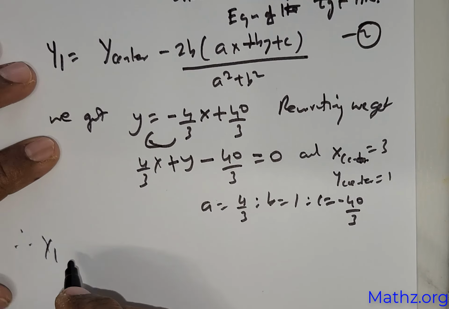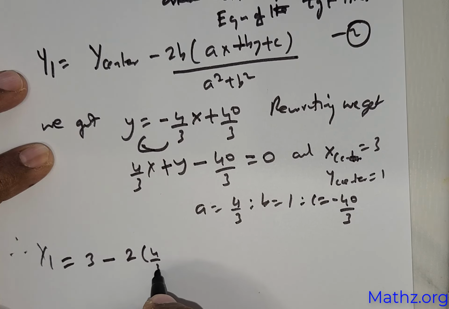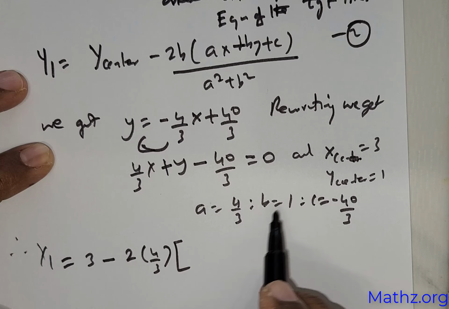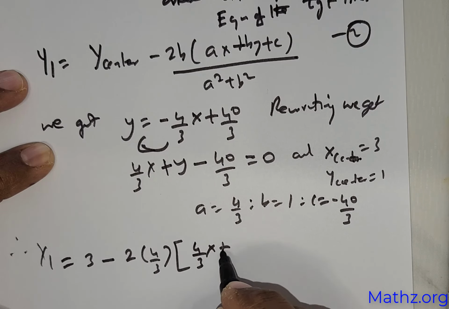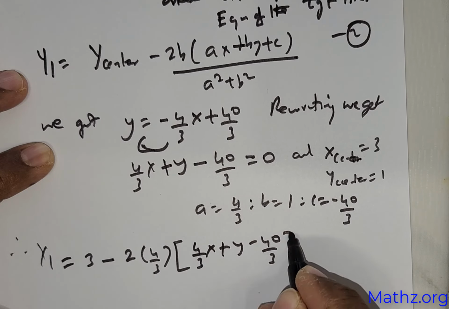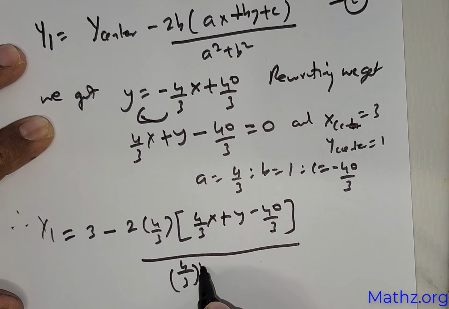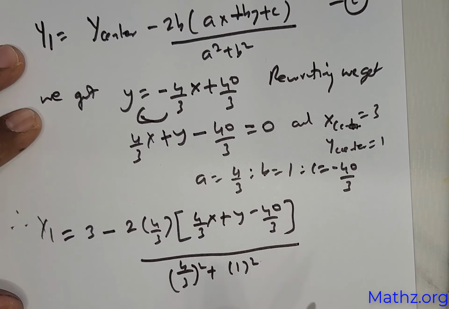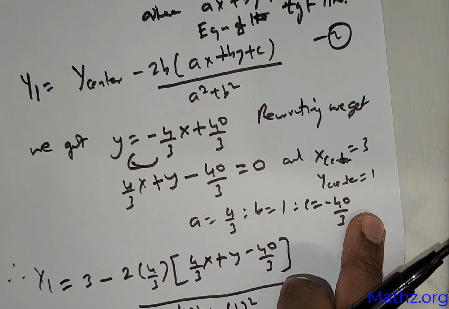So therefore x1 is equal to 3 minus 2 times 4/3 times the equation. What is the equation? It is 4/3 x + y - 40/3 divided by (4/3) squared + 1 squared. Let me move on to the next.